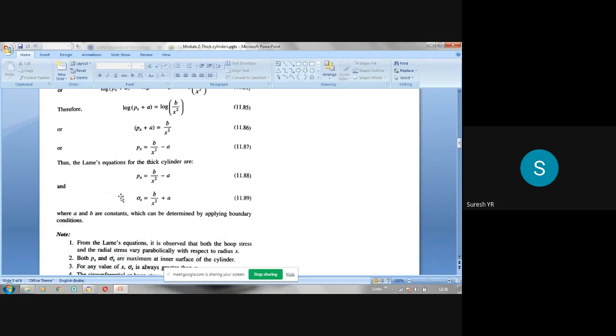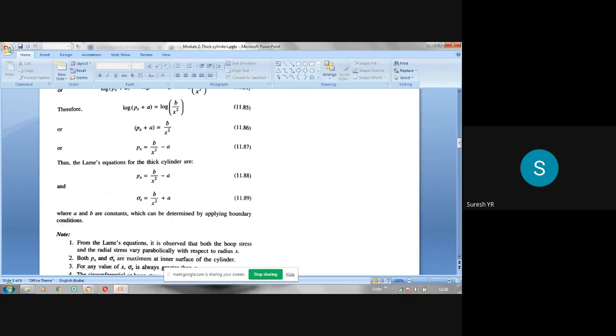We know that at x is equal to Ri, you have Px is equal to Pi, and at x is equal to Ro, you have Px is equal to Po. If Po value is not given, you take it as 0. So this is a general equation which holds good for both internal as well as external pressures.